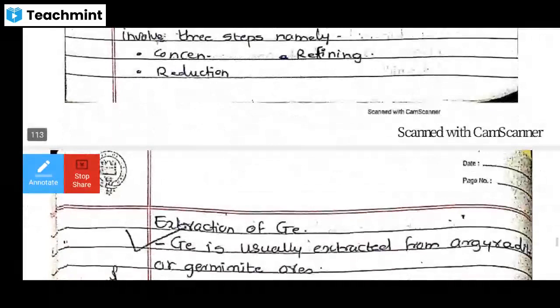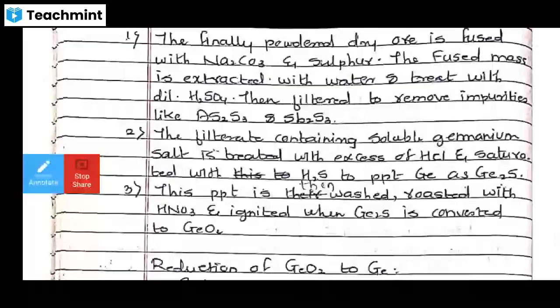The most common source of germanium is argyrodite, generally found in Germany, where germanium exists in the highest percentage. Then finally, powdered. The procedure to perform the extraction process is given here.